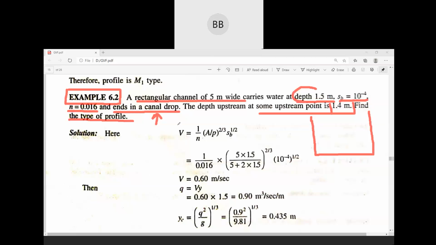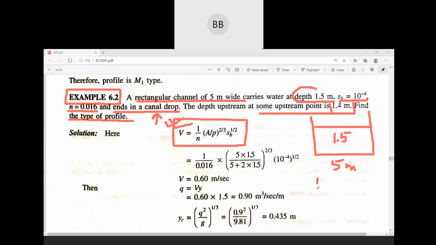Similarly, we need to first find out the velocity. As Manning's n is given, we are going to use Manning's equation to find out the velocity. The depth of flow is given as 1.5 meter, and the width of the channel is 5 meter.